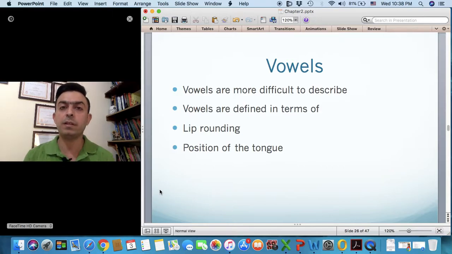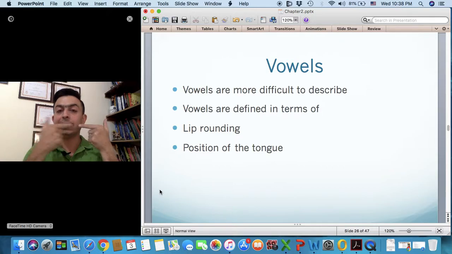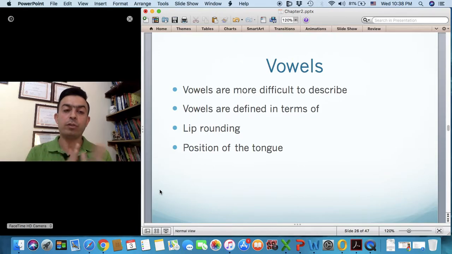So we define them in terms of lip rounding, whether the lip is rounded or not. For example, when I say the sound e, look at my lips, see? Flat. But when I say ooh, the lips are round. This is how we define vowels and differentiate between one vowel and another. And also the position of the tongue.